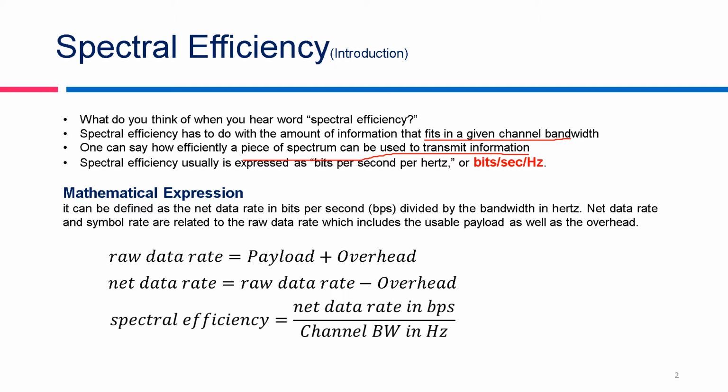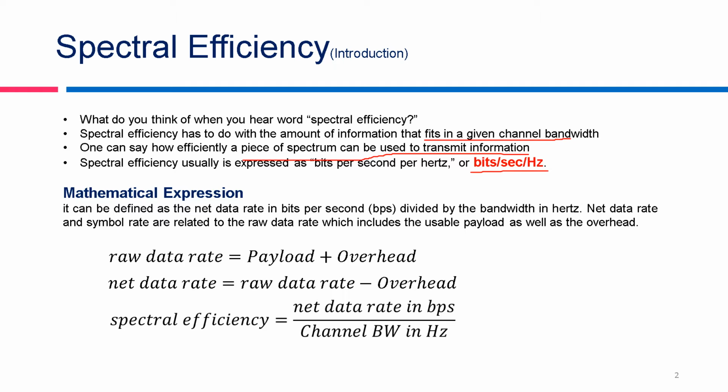Spectral efficiency is usually expressed as bits per second per hertz, which is the measurement unit for spectral efficiency. From these units we can clearly see that it's a measure of how many bits can be sent within a second using 1 hertz of bandwidth.